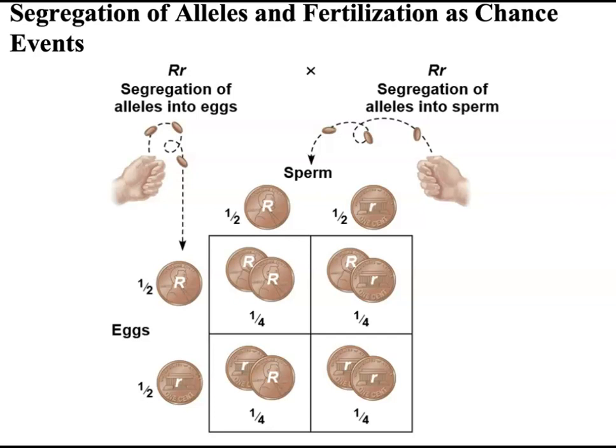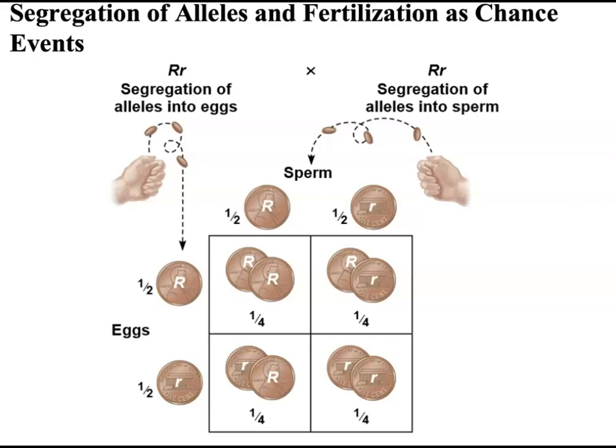And just to tie in points from earlier in the lecture, what are the phenotype and genotype ratios here? Big R is the dominant, and there are 3 squares that would have a dominant phenotype: big R big R, big R little r, and little r big R. To calculate this, 1/4 plus 1/4 plus 1/4 is 3/4.